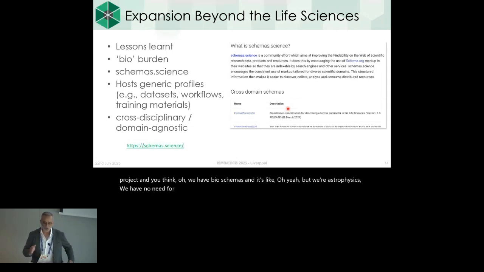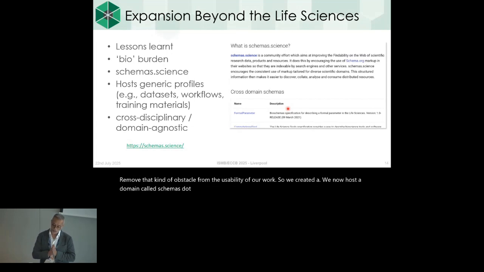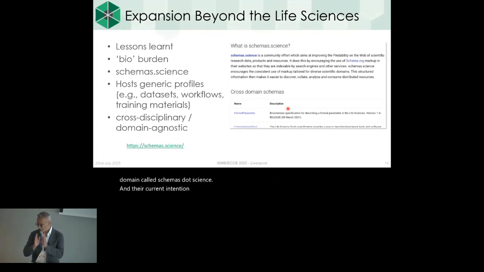So we wanted to remove that kind of obstacle from the usability of our work. So we now host a domain called schemas.science. And our current intention is to just put those domain-agnostic profiles there for other people to use. So you can come take those profiles and use them for your own purposes.